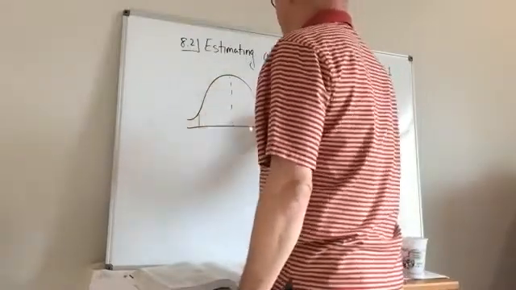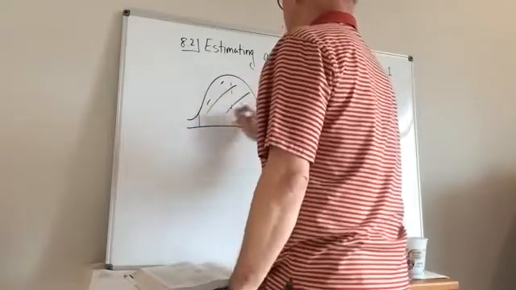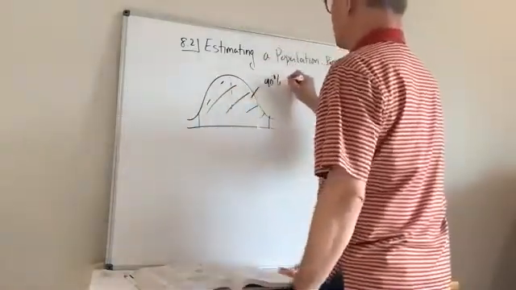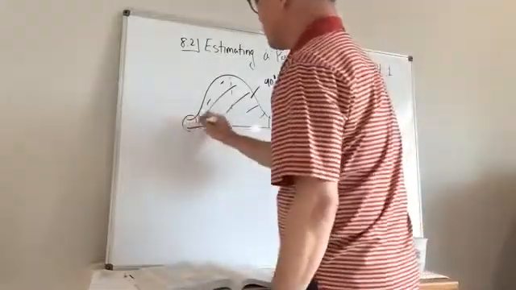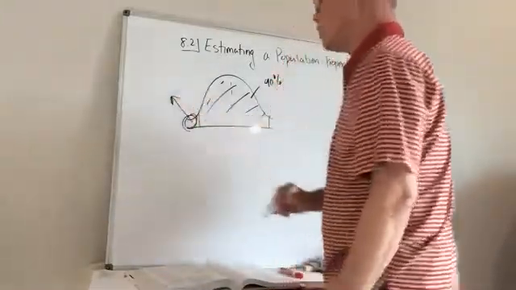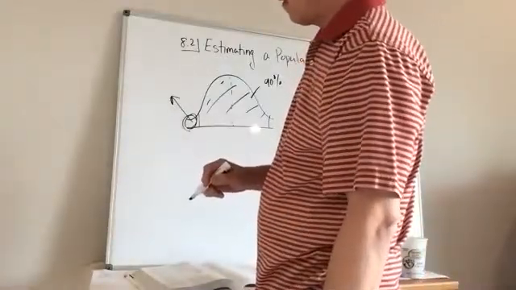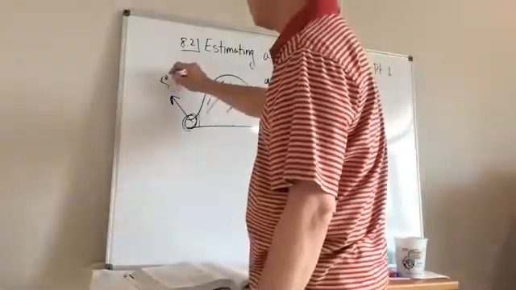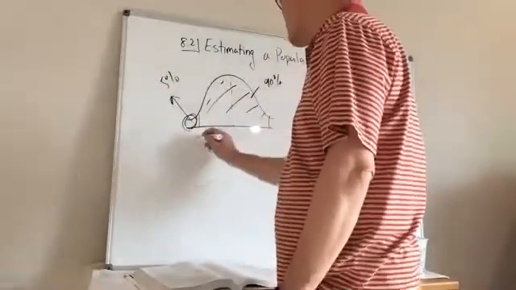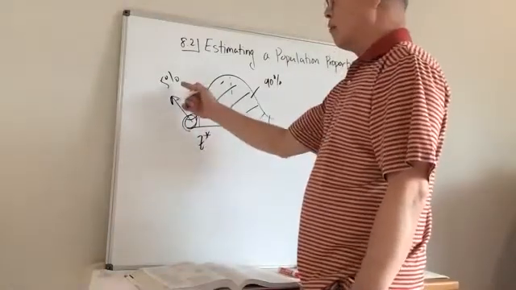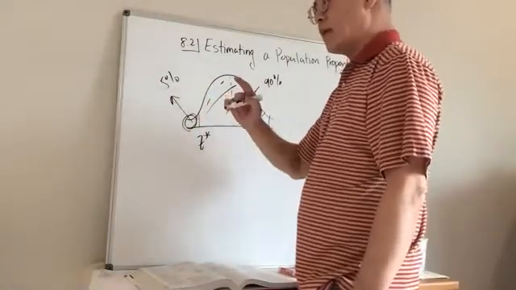If I want the confidence interval to be 90%, what is this tail going to be? Can anybody tell me? 5%. So I need to find the z-score that gives me the 5% tail.